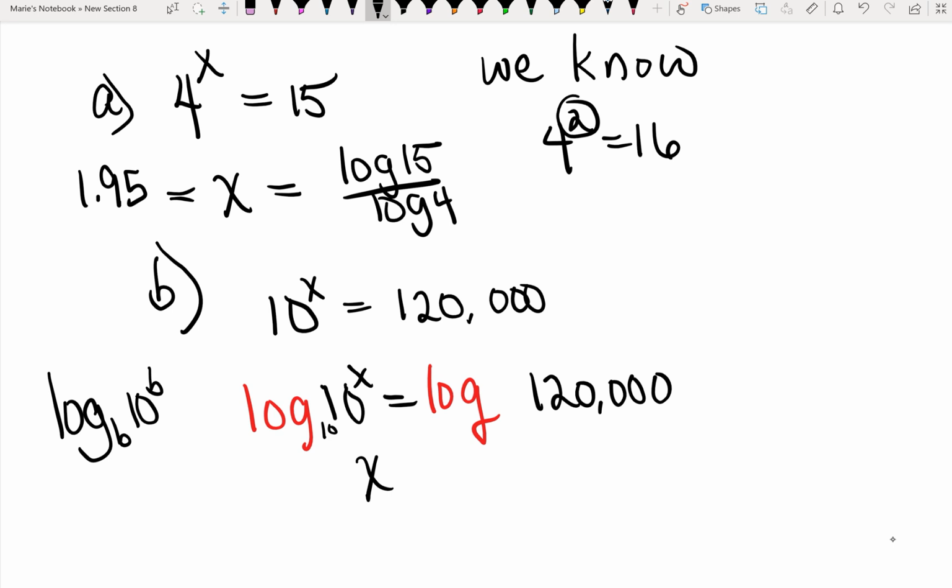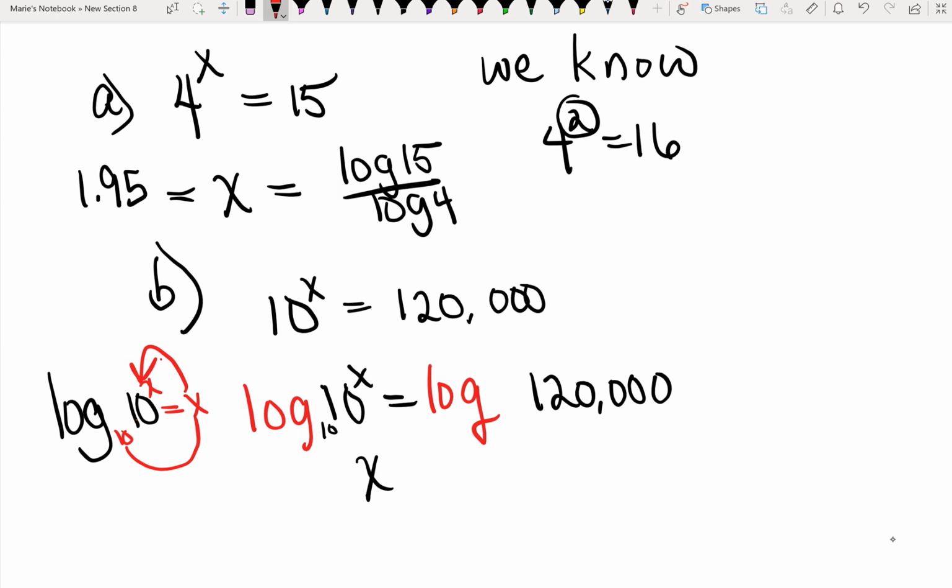Actually, no, I don't like that example. This is going to confuse you more than help you. So let's just use this one. Since we know this base is 10, and I have 10 to the x, then this has to equal x, because 10 to the x is 10 to the x.